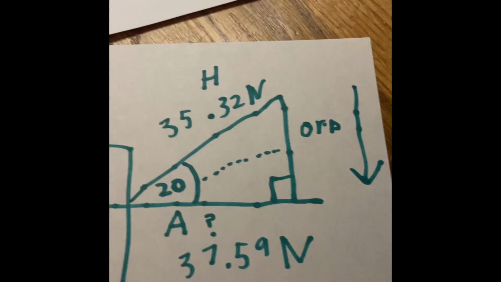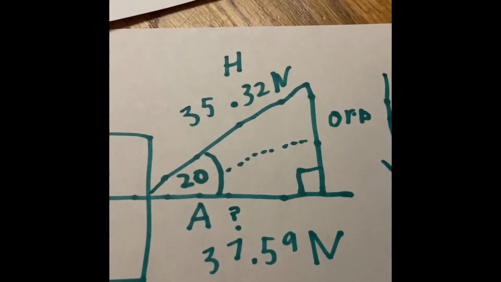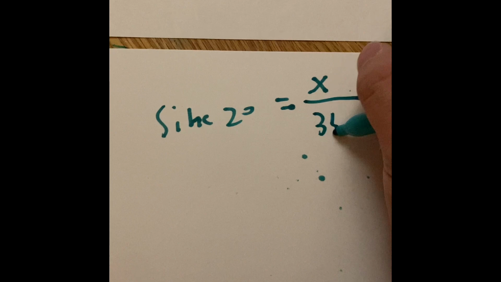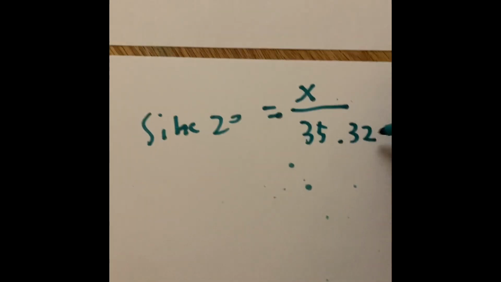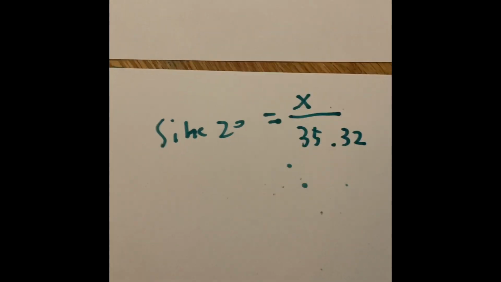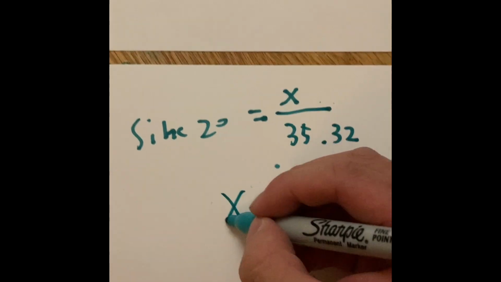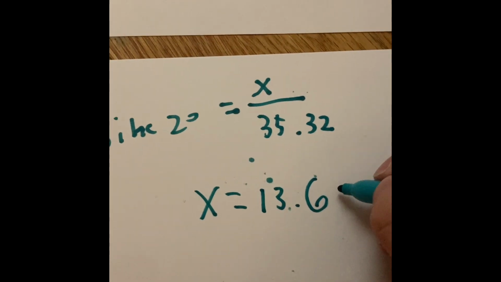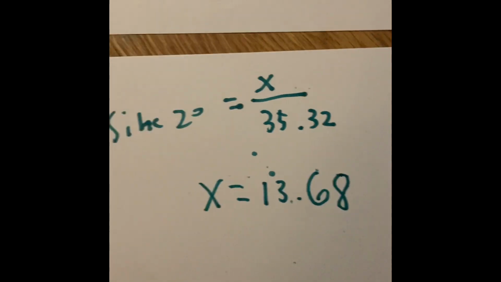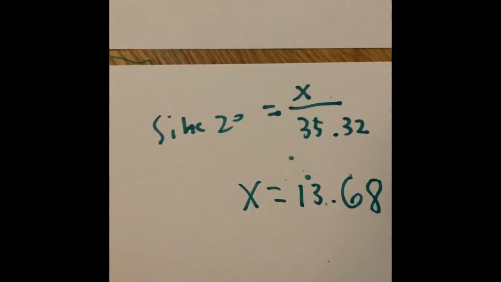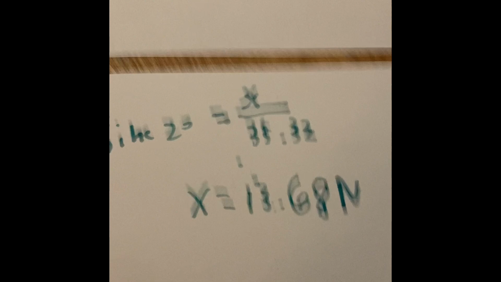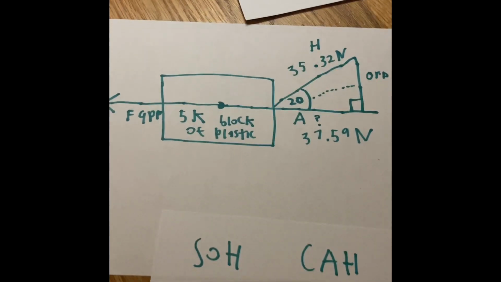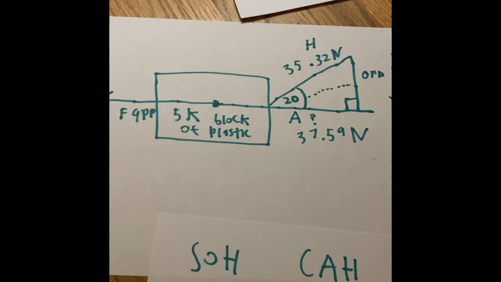We do know what our hypotenuse is, 35.32 newtons. So we divide by 35.32. When you do that, you get x equals 13.68. That is telling you 13.68 newtons is the amount of force you're pushing vertically on the ground.